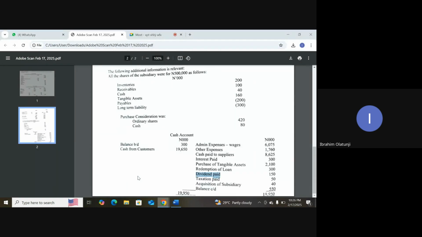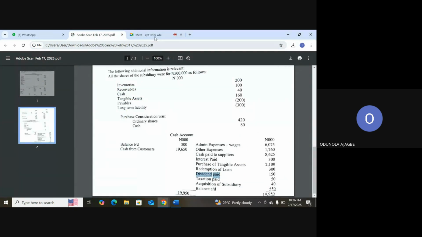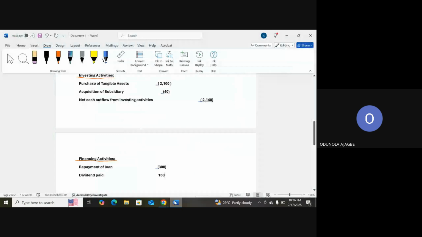Mr. Semim, go ahead, please. Okay, my opinion is the money comes in, so it should not be in bracket because we receive cash. The money goes out. Supposed to be in the bracket.